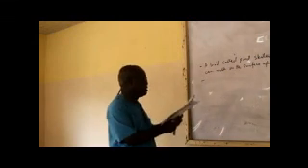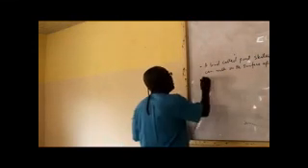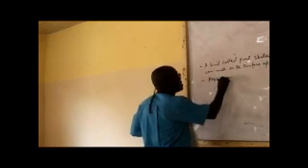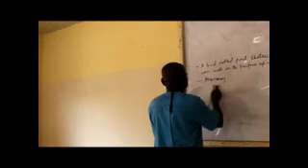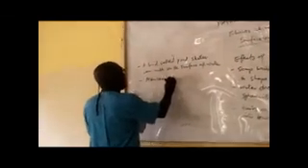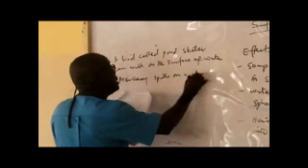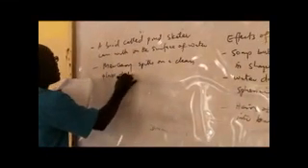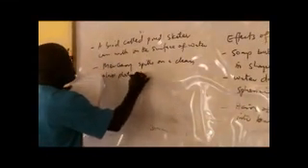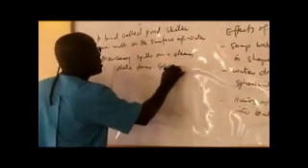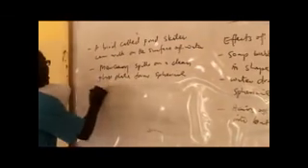So mercury spread on a clean glass plate forms spherical droplets.